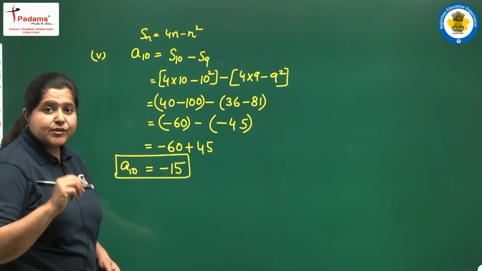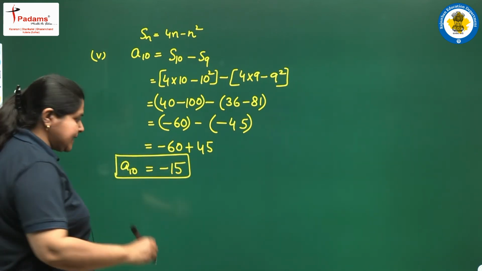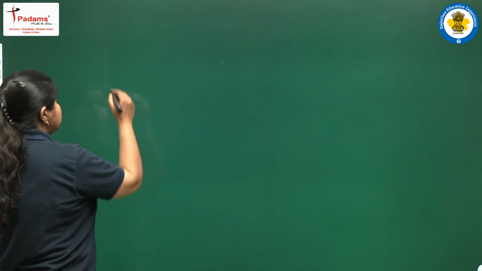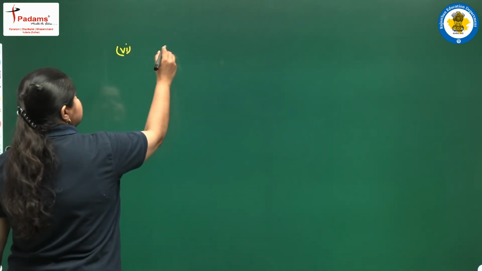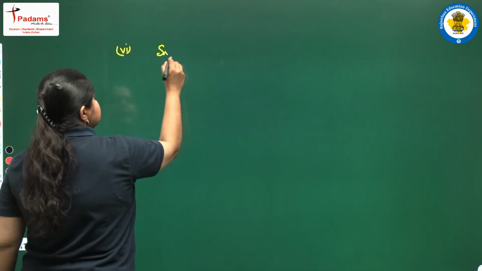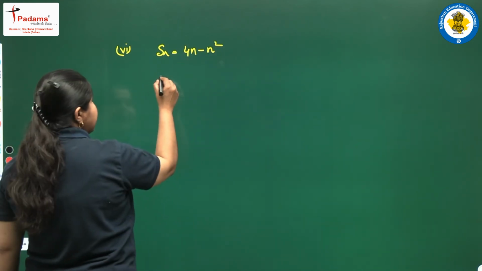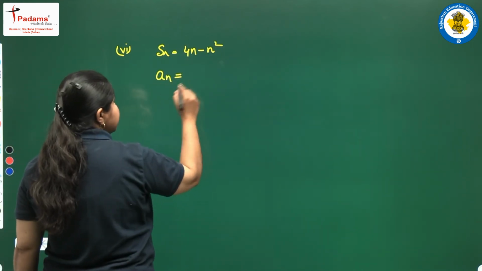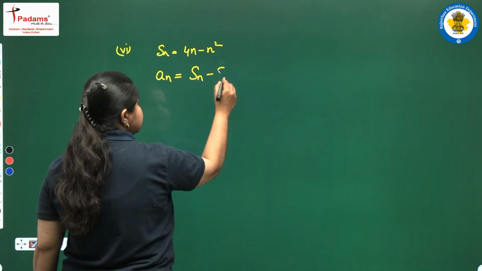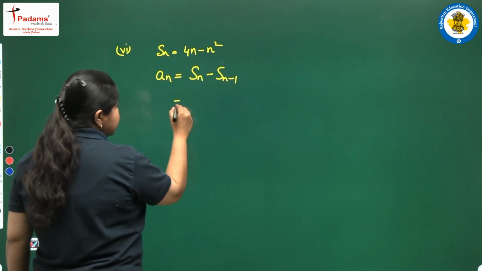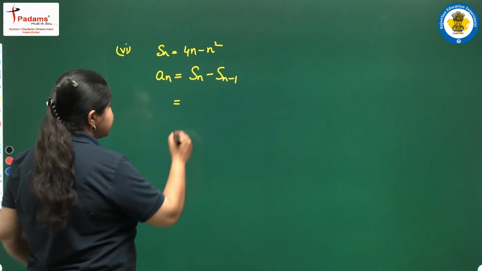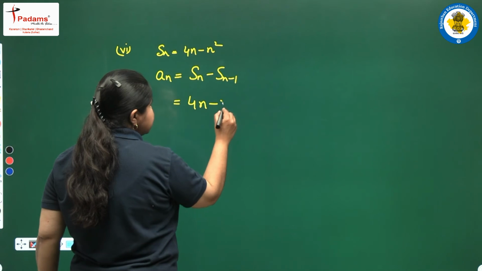Next we have been asked to find the nth term of this AP. For this again we move towards the sixth part. We have been given Sn equal to 4n minus n square. And to find the nth term, we take it as Sn minus Sn minus 1. Now, Sn is given by 4n minus n square.